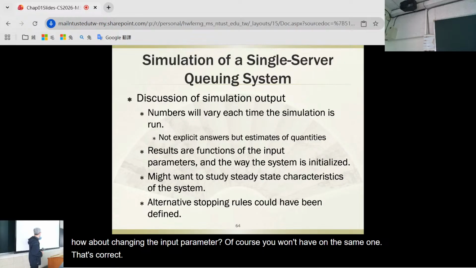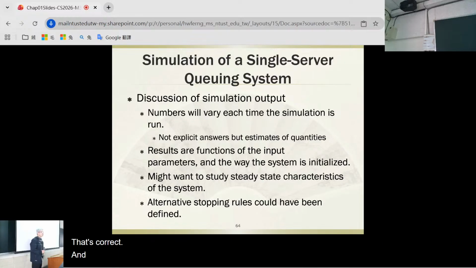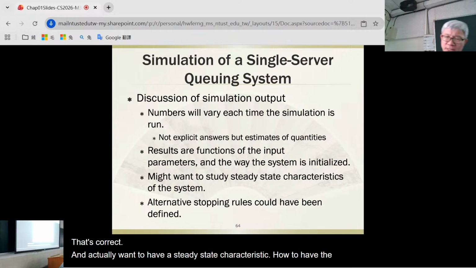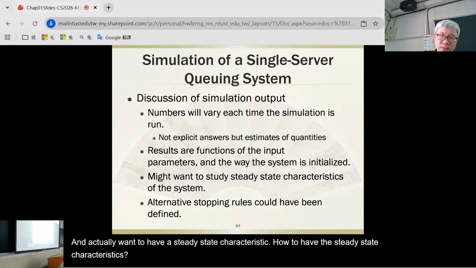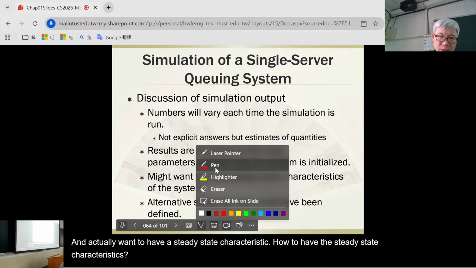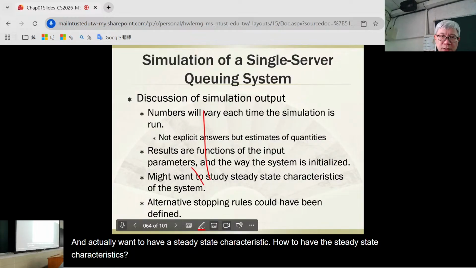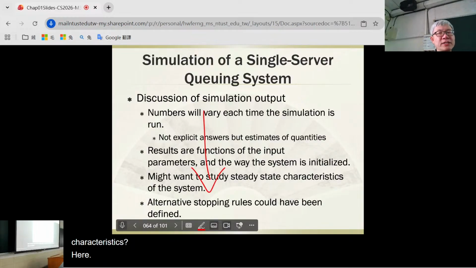And actually, we want to have a steady state characteristic. How to have the steady state characteristics? Here, I use service rate larger than arrival rate.